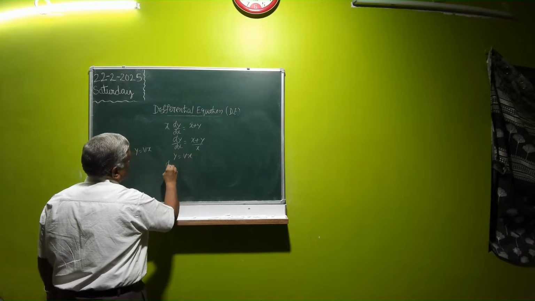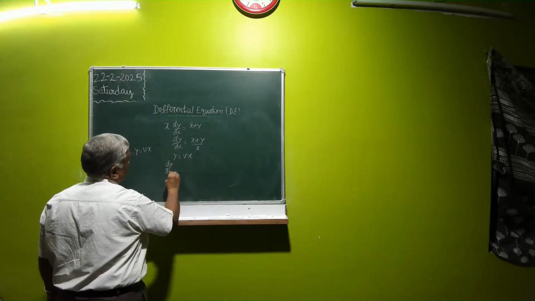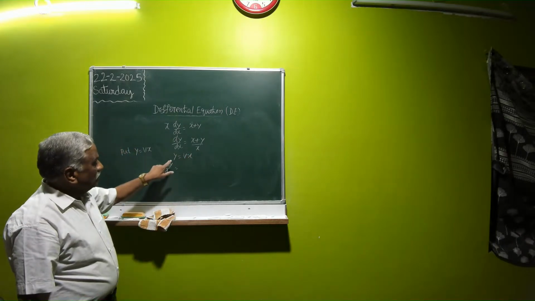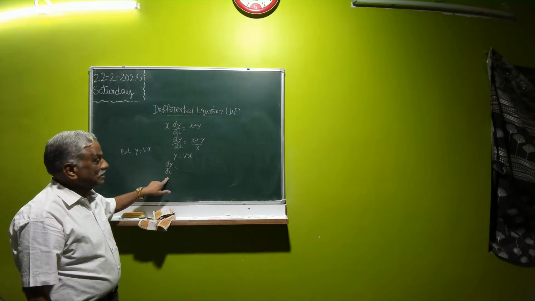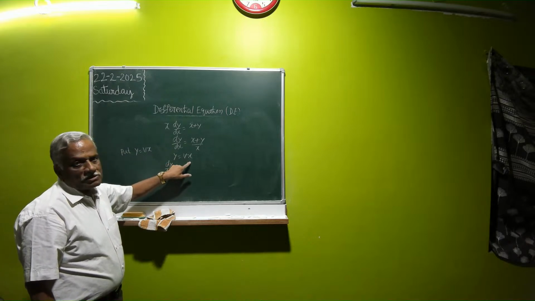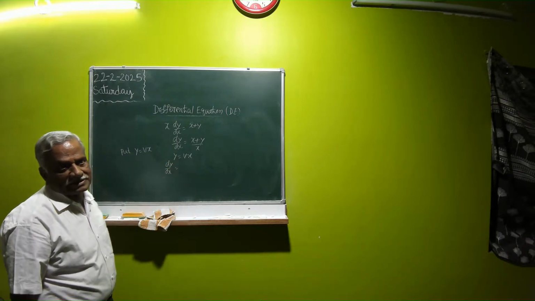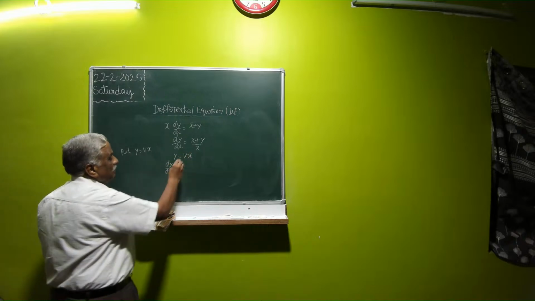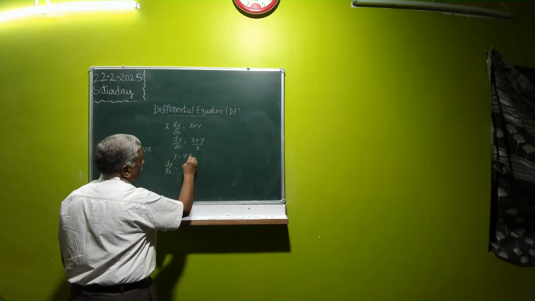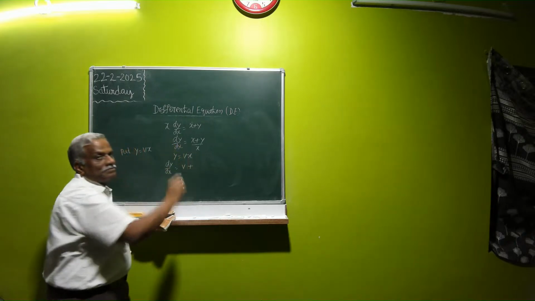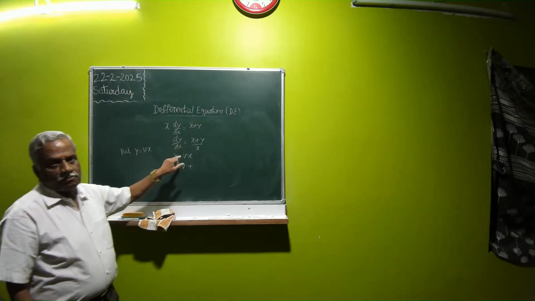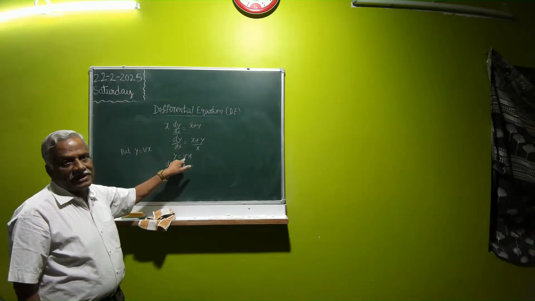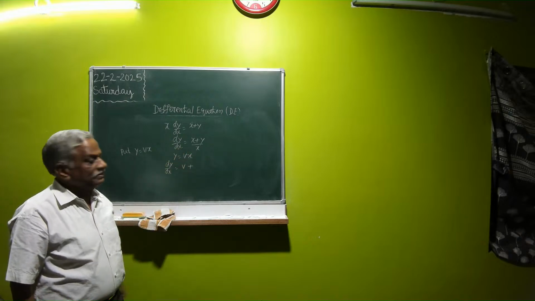What is dy by dx? You are differentiating y with respect to x. Here also you should differentiate with respect to x. So this is a product. Product rule: I keep v as it is, differentiate x, I get 1.